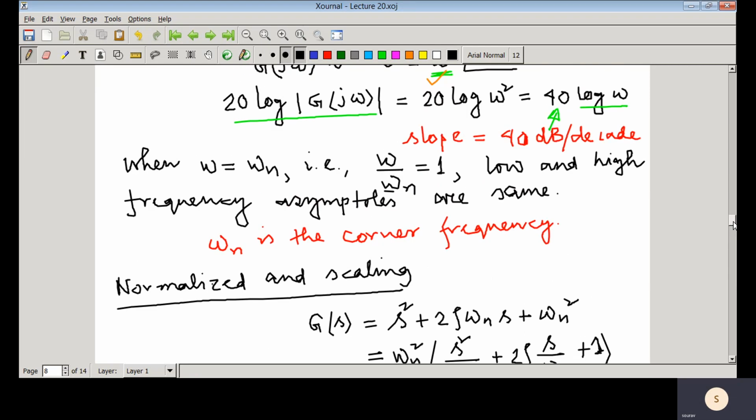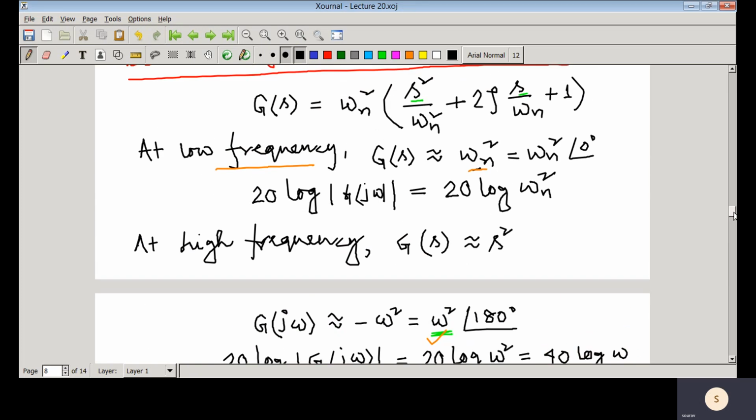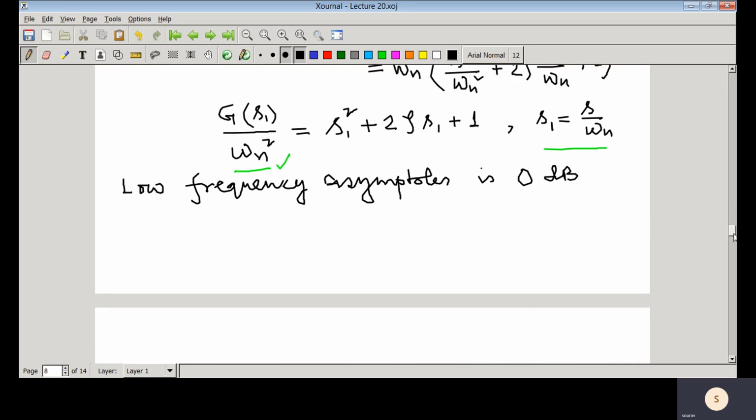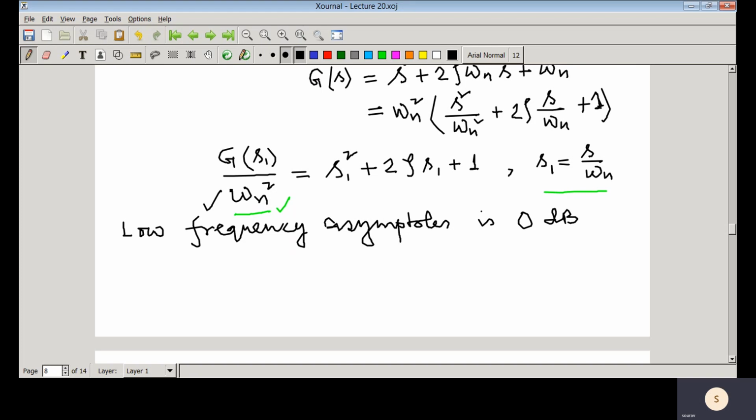In the previous case, the low frequency asymptote was 20 log omega n square. Now if we divide by omega n square, that would be 20 log 1, which is 0. Here we have divided by omega n square and we are taking 20 log of the whole thing. So the low frequency asymptote is 0 dB.